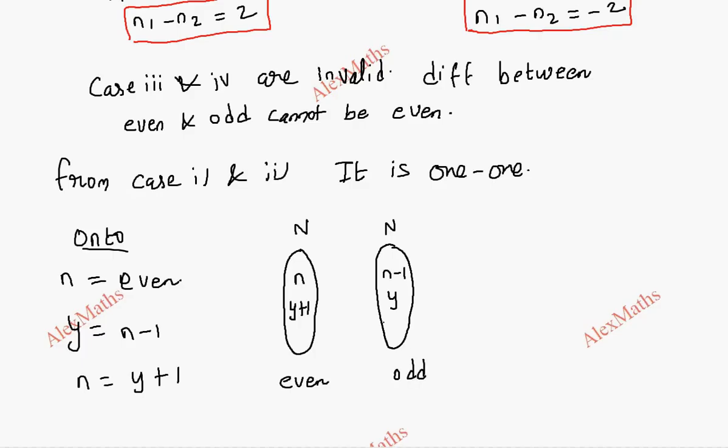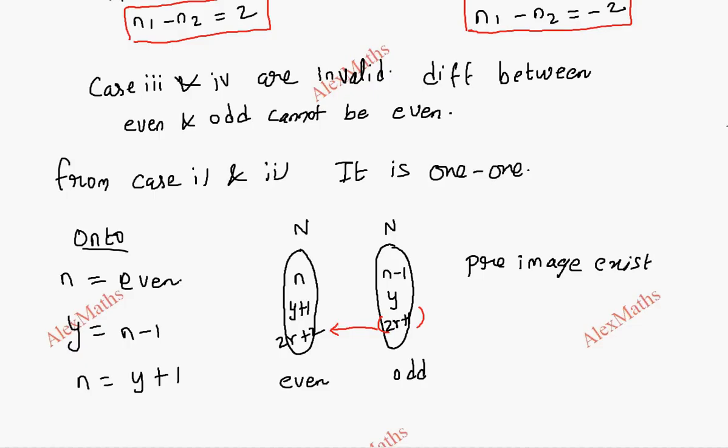So any odd number is of the form 2r plus 1, so this will be 2r plus 2. So we can say the pre-image exists. If you want to state clearly, for every 2r plus 1 odd in the codomain, there exists a pre-image 2r plus 2 in the domain.